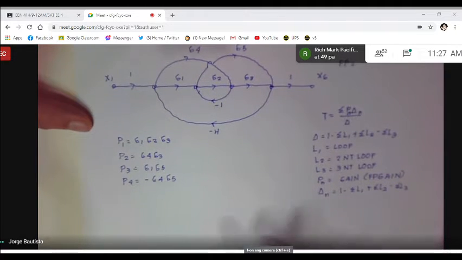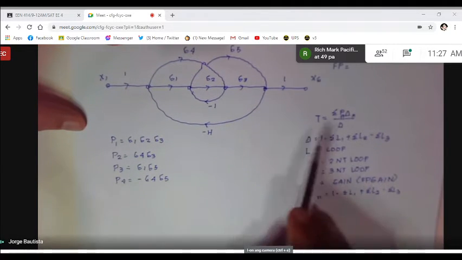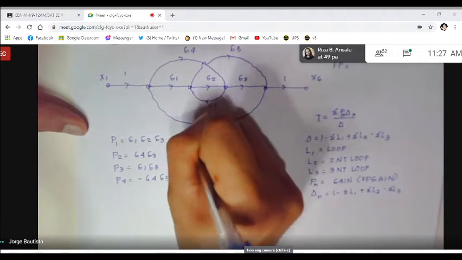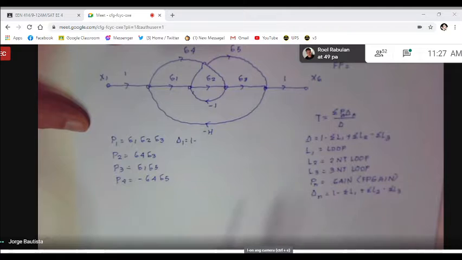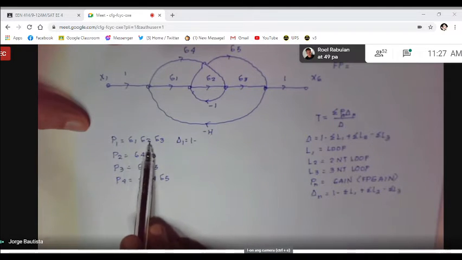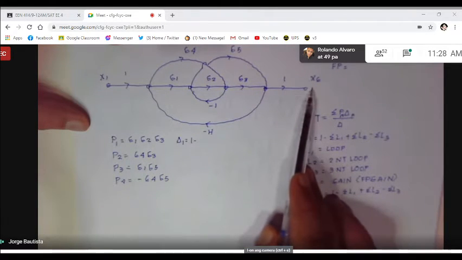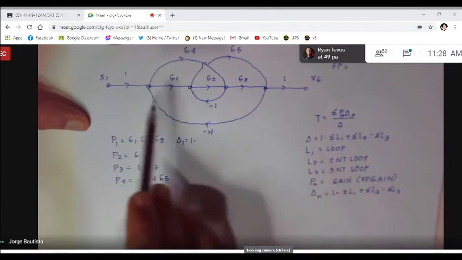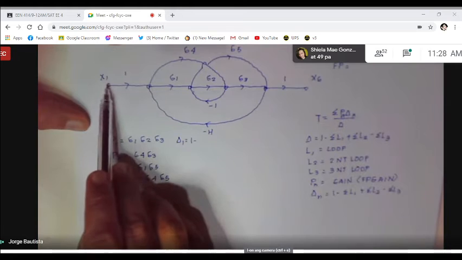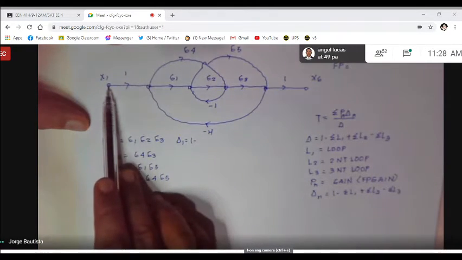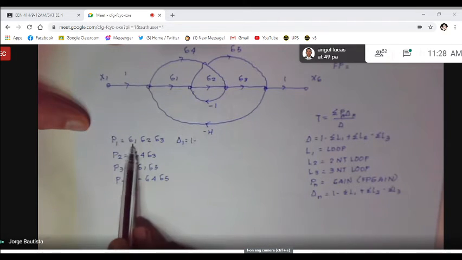Okay, next. Itong P1, may nakadikit sa kanyang delta. So, delta 1, 1 minus. Tatanggalin mo ngayon ito. Pakinggan nyo ha. Pag tinanggal ko to, meron ba akong nakikitang closed loop? Kung baga sa push pin, tanggalin mo lahat ng pinagdaanan nito.